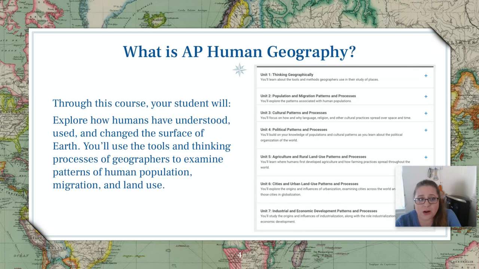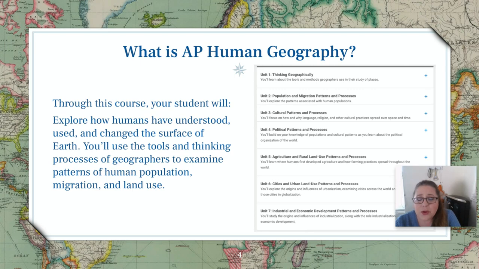We look for commonalities. We look into globalization. We look into different patterns and different phenomena on the Earth's surface, whether that's natural and the humans interacting with that, or whether that's man-made and societies and cities and governments and things like that.